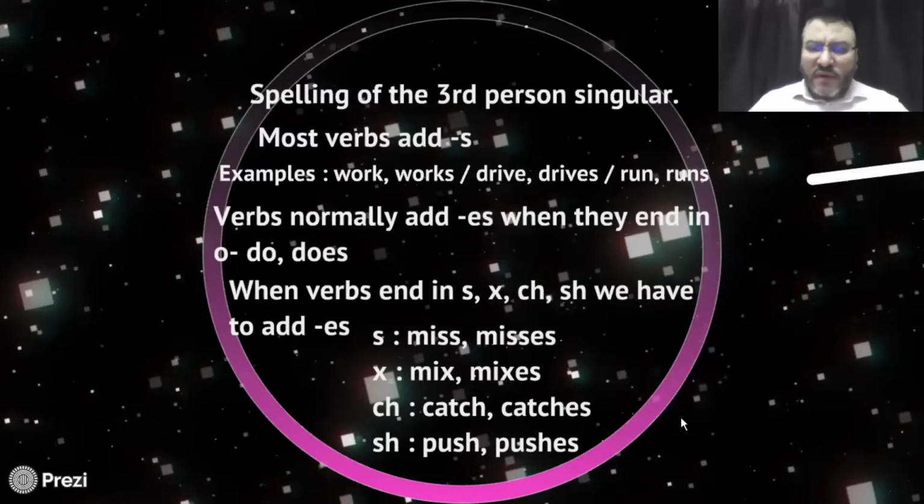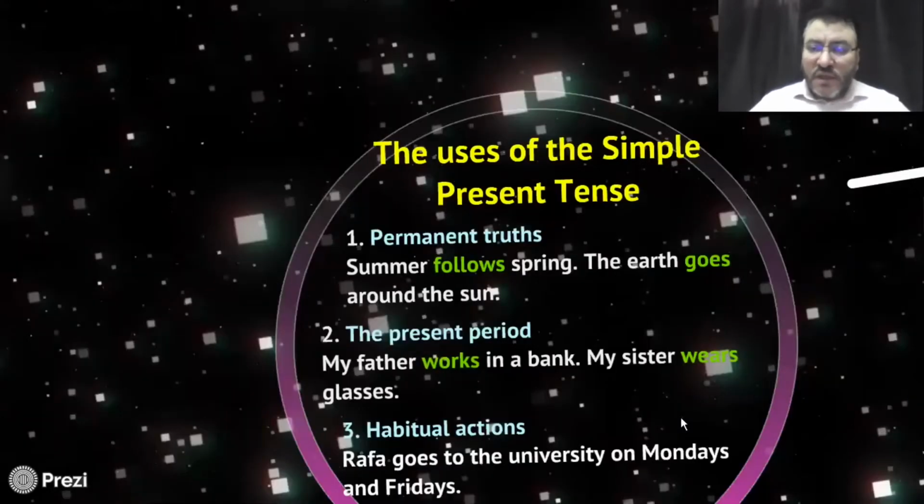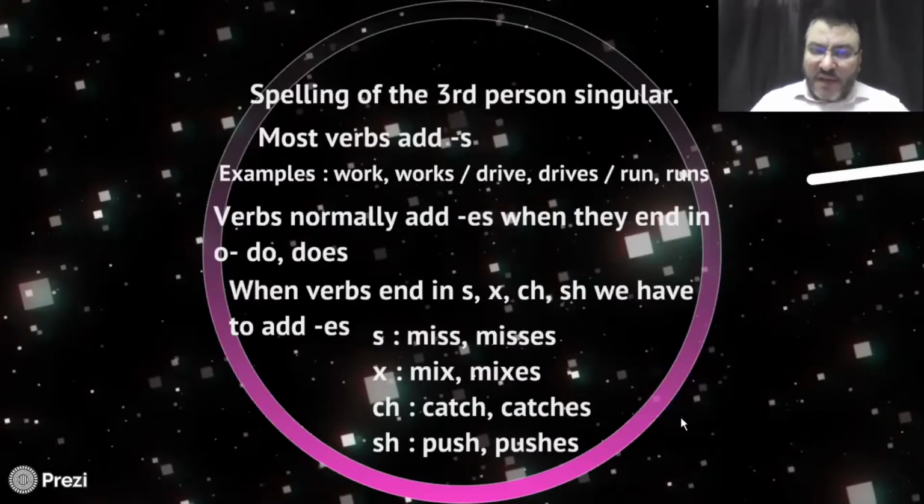Or when the verbs end in s or x or ch or sh, you have to add es. So, for example, you have miss, it becomes misses, he misses, or mixes, or catch, catches, or push, pushes. So one more time, the spelling of the third person singular, most verbs take s unless they end with o, or c, or s, or x, or ch, or sh.